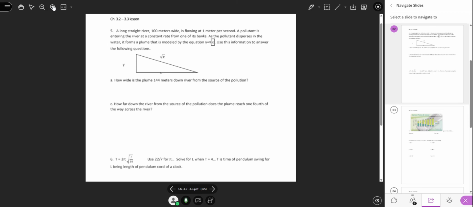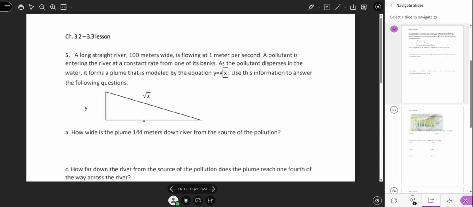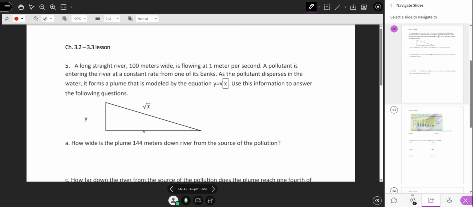Zoom in. All right, so number 5 is more of an application problem. It's like a real world problem. Those can be a little more challenging, so we're going to go over a couple of those. Number 5 says you have a long straight river. It's 100 meters wide. It's flowing at 1 meter per second.